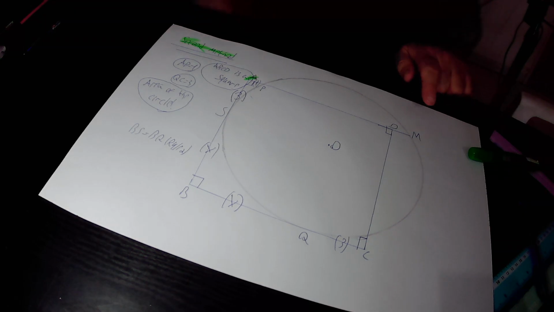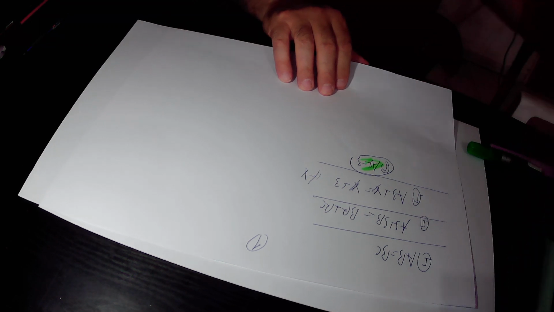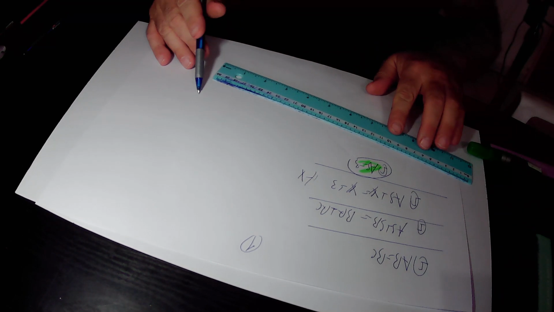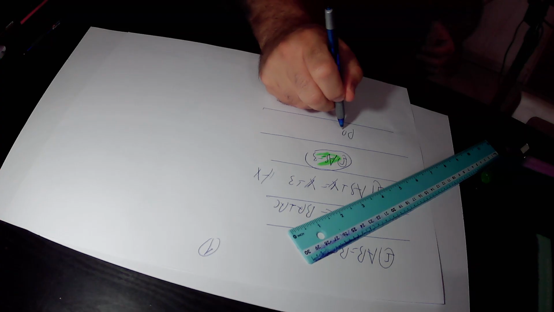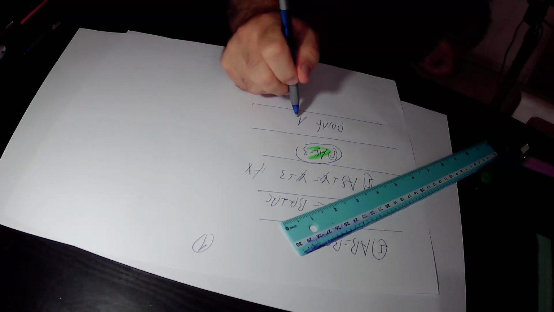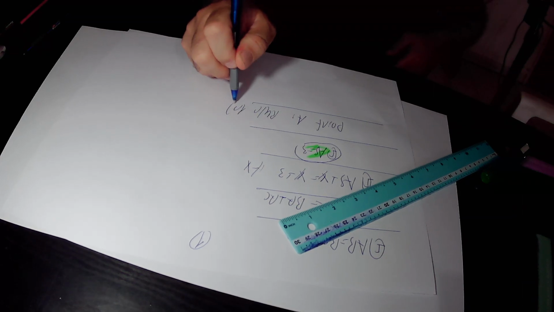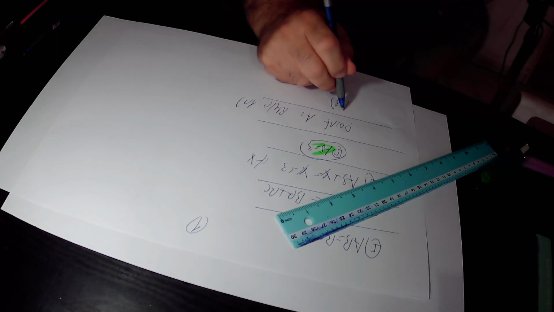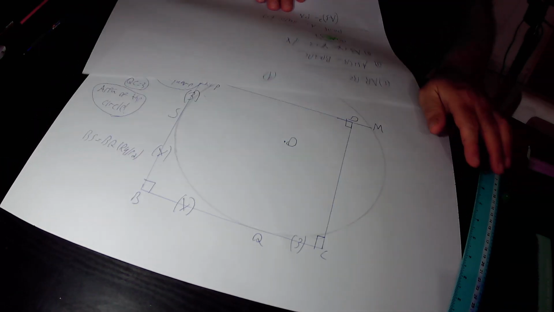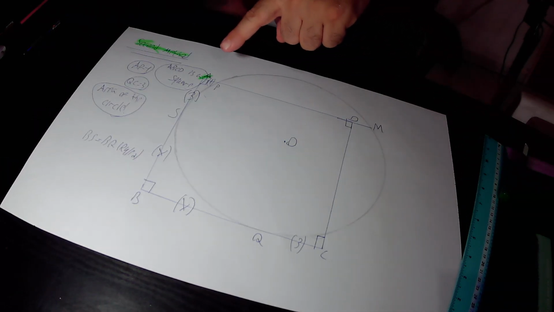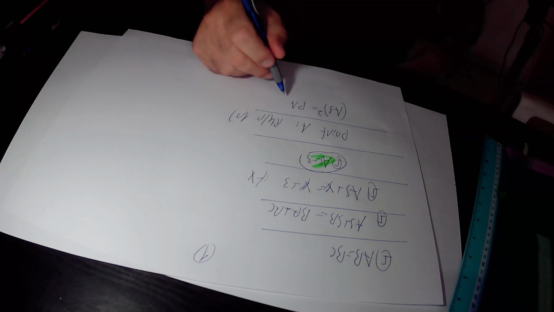So I write it down. According to rule 10, if we focus on the common point A, AS square equals AP, or PA, it is the same, times AM.